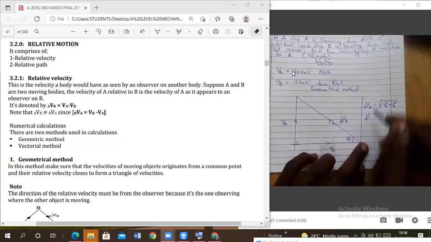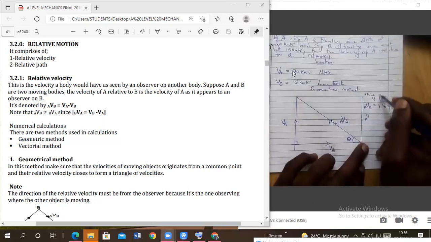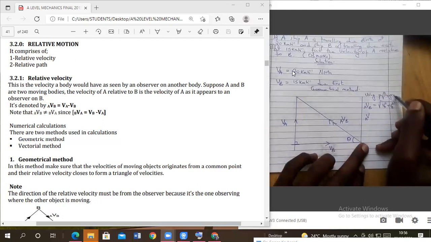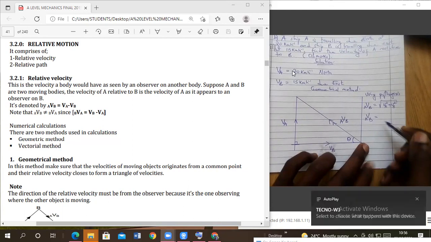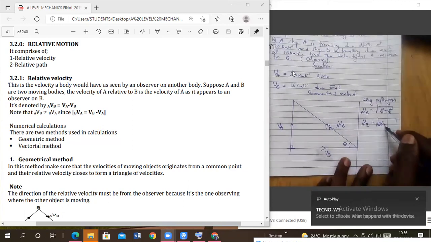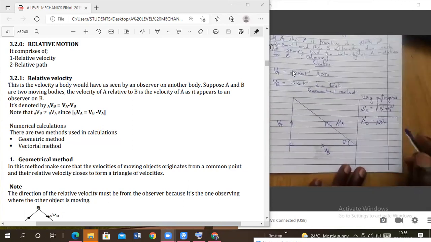So using Pythagoras theorem, VAB is equal to the square root of 20 squared plus 15 squared.